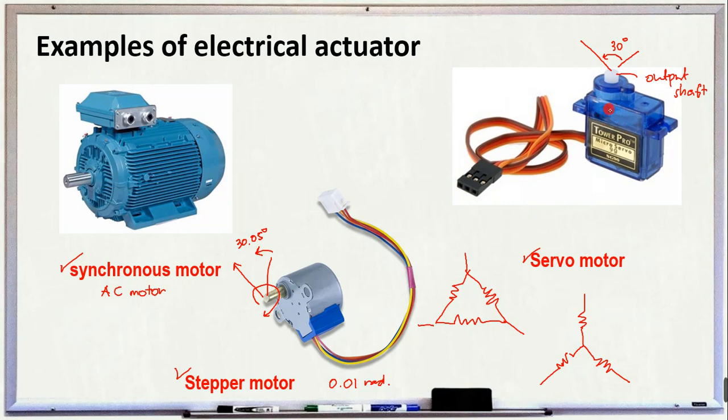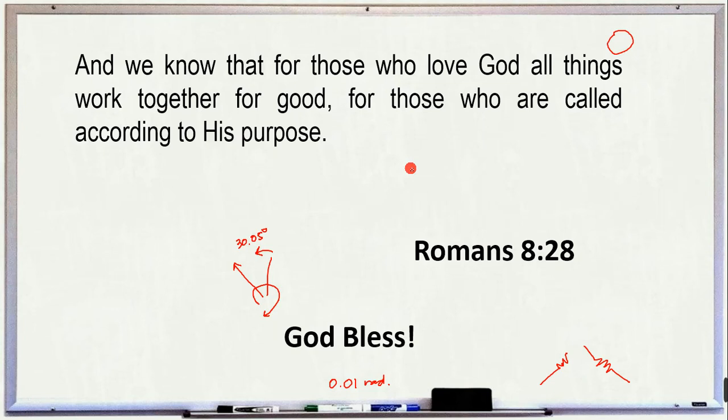Meaning once we input a desired angle into the servo motor, let's say 30 degrees, we can also collect information about its position relative to the initial position we set. Okay, so that covers our actuators and mechanisms. I hope you learned something.